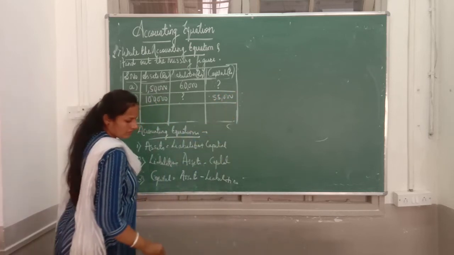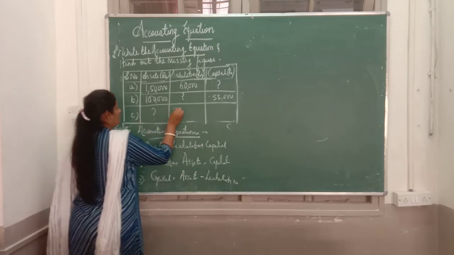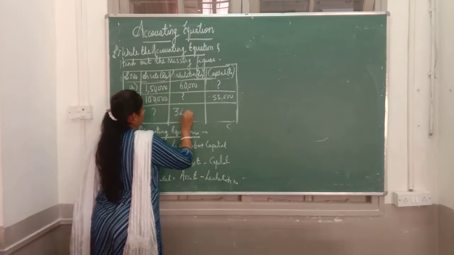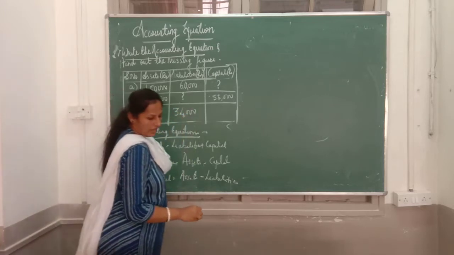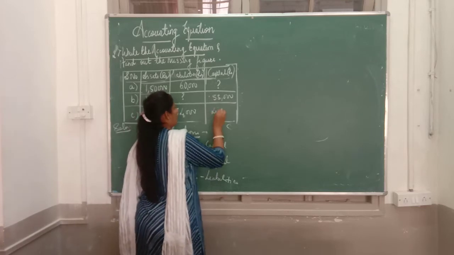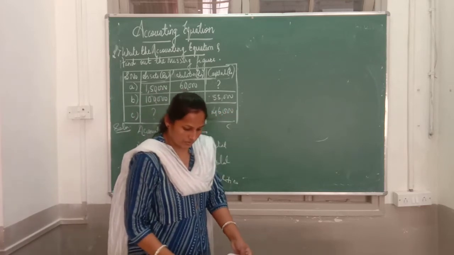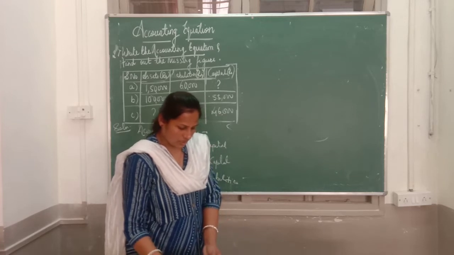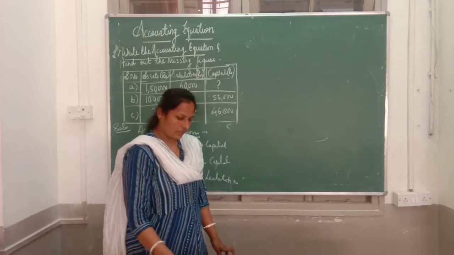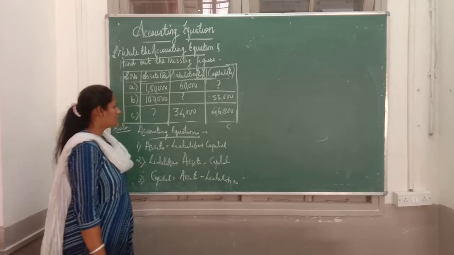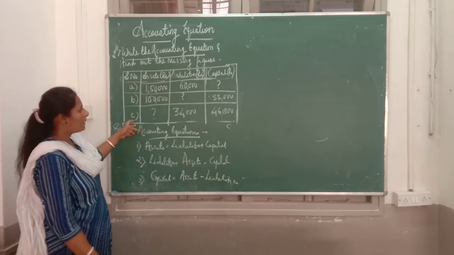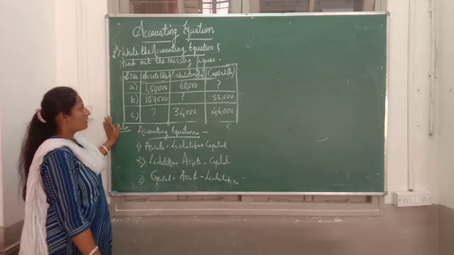Next here question mark, 34,000 and 46,000. This problem is from the 2019 question paper, 5 marks. So this is the problem.